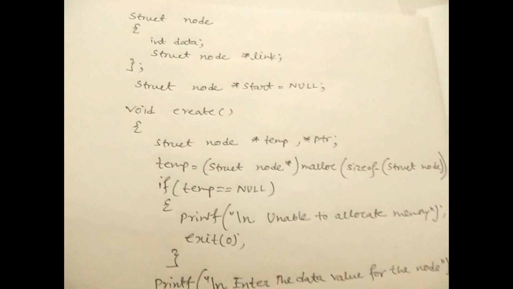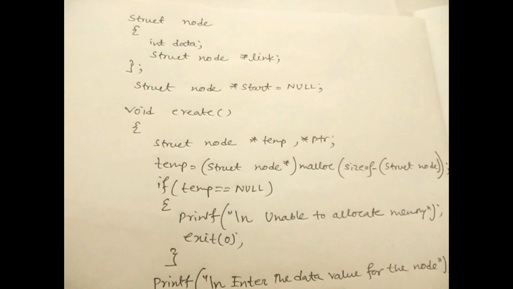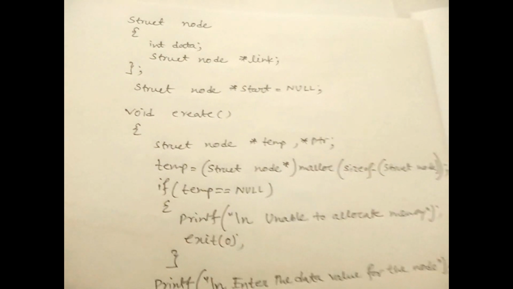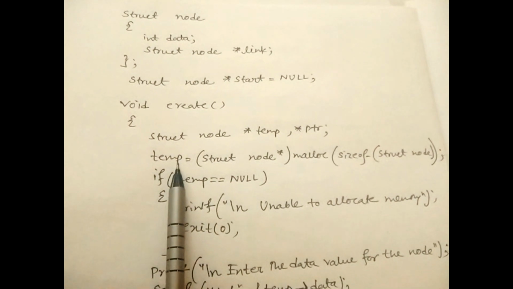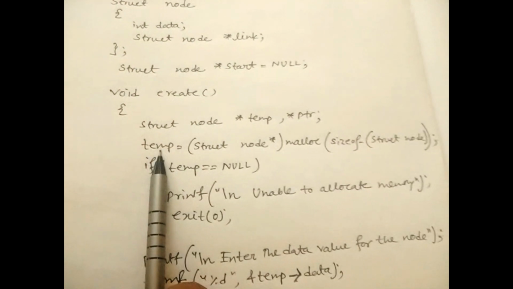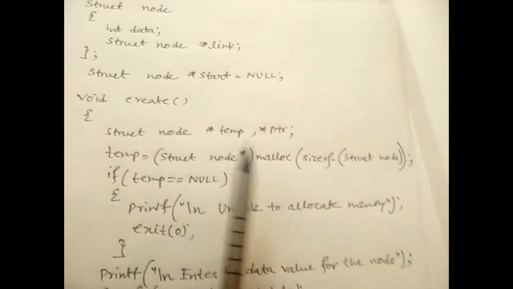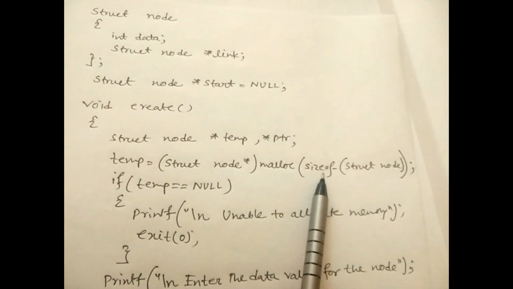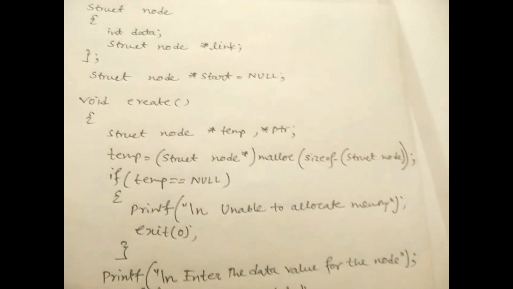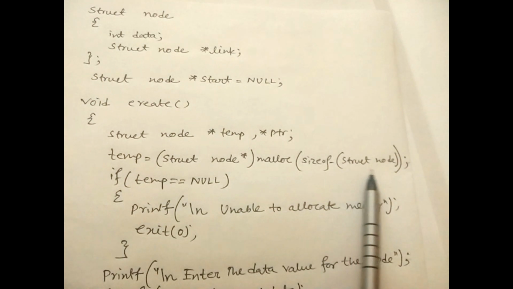It returns an address of that memory location, so we need a pointer variable to store that address. So here temp stores the returned address. Okay, and sizeof is a compile time operator which is used to compute the size of its operand. Here the operand is struct node.